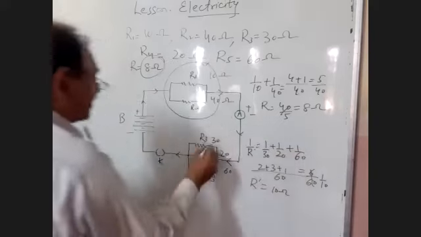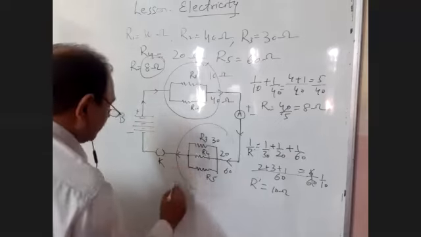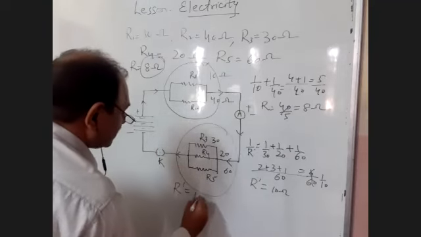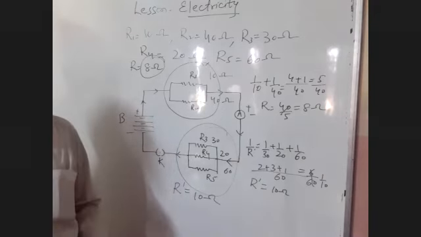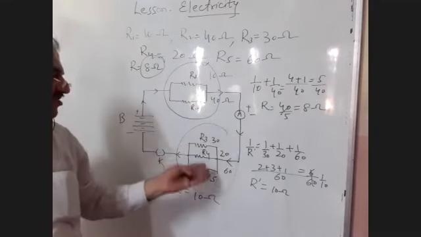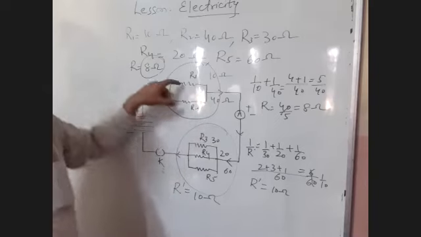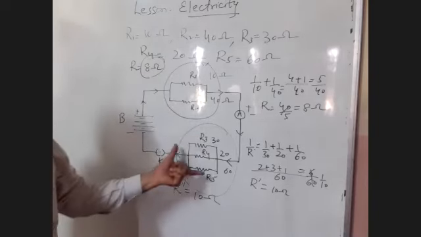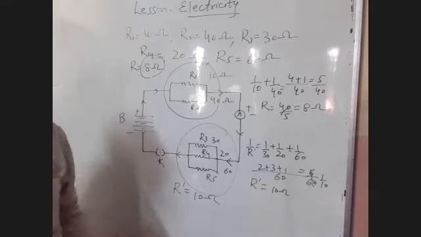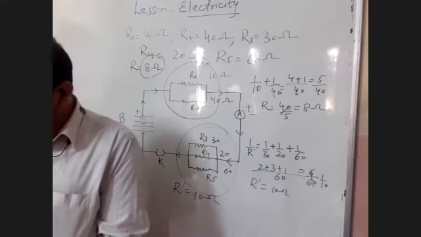The combination of these three resistances is R', which is 10 ohm. Is it clear, students? There were five resistances, two here and three here.